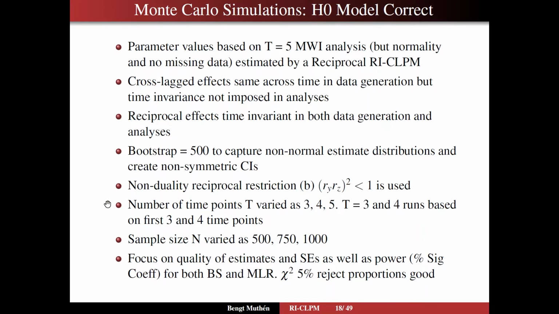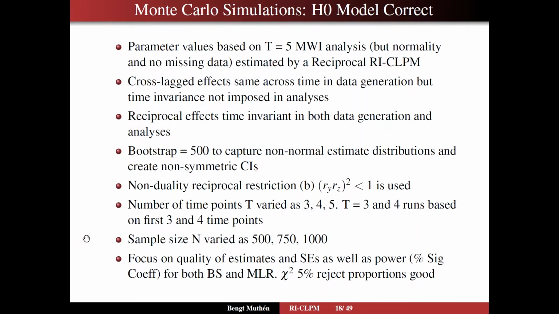I'm going to vary the number of time points as 3, 4, 5, where the T equals 3 and 4 rounds are based on the first 3 and 4 time points of the MWI data set with 5 time points. Sample size varying as 500, 750, and 1000.